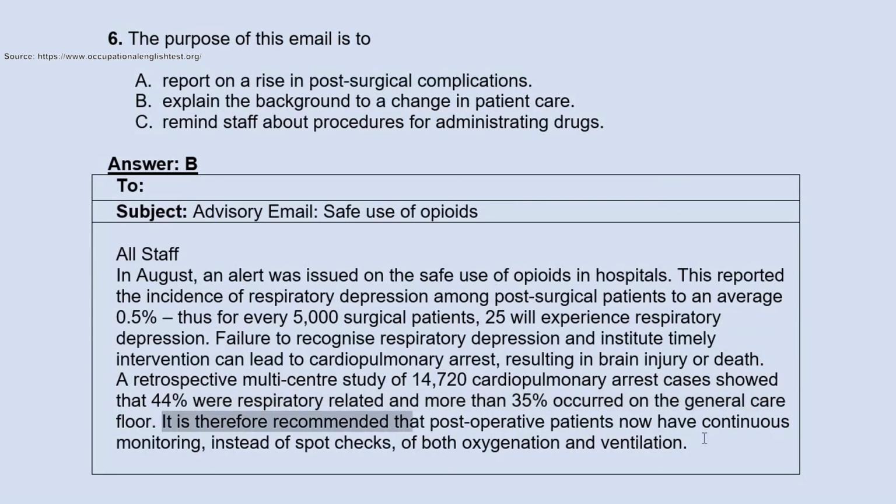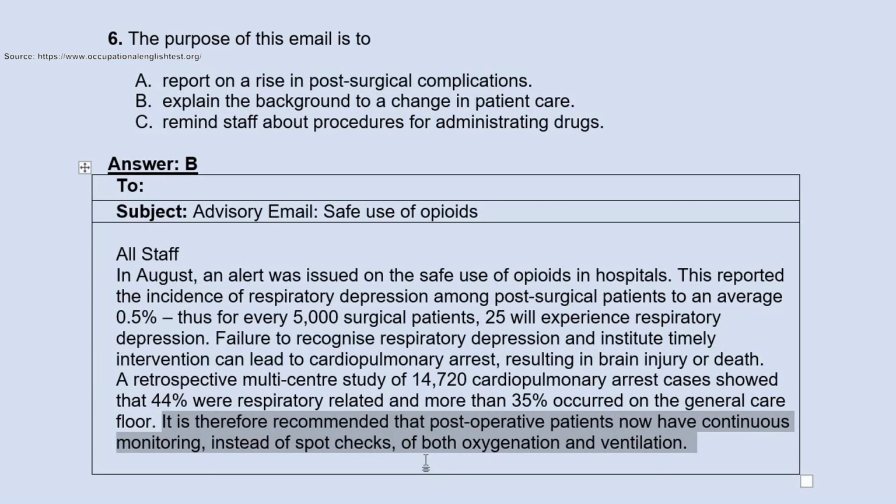In the last two lines, you may find, it is therefore recommended that post-operative patients now have continuous monitoring instead of spot checks of both oxygenation and ventilation. So this is a change. This is the change that you can find here. Post-operative patients now have continuous monitoring instead of spot checks of both oxygenation and ventilation.